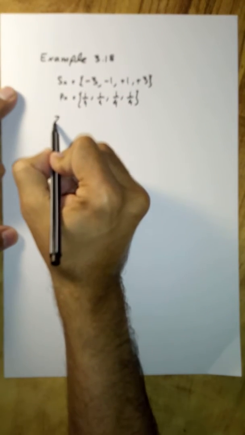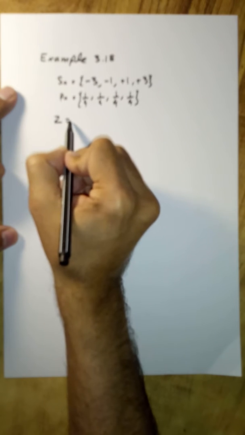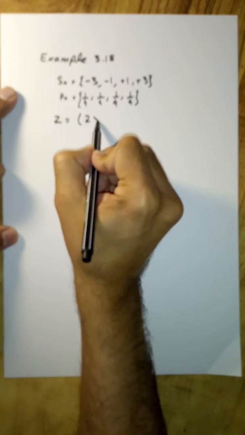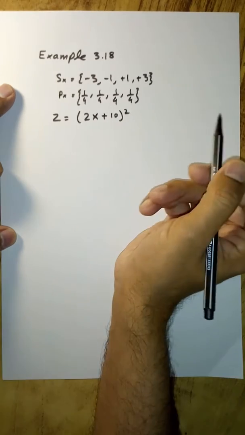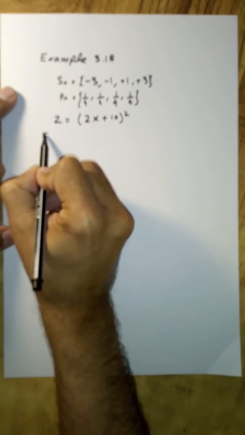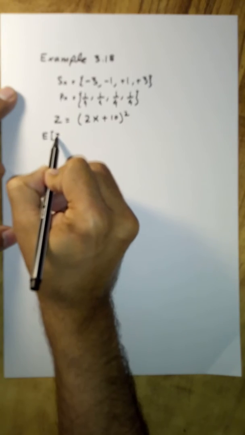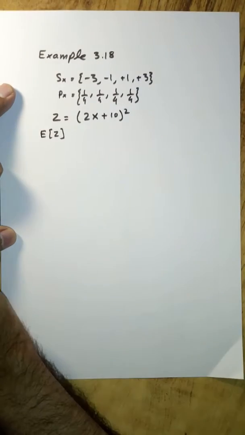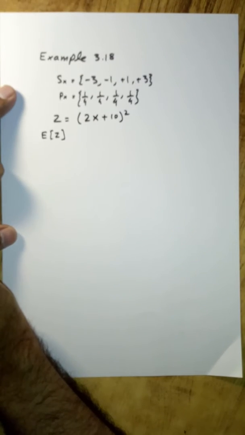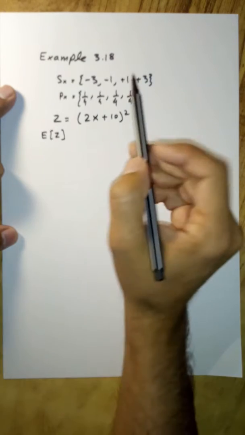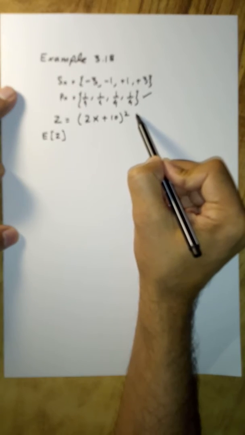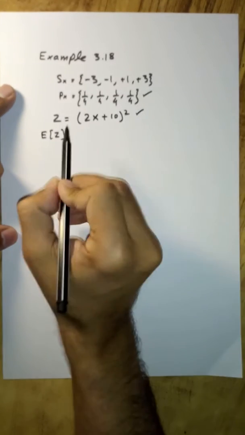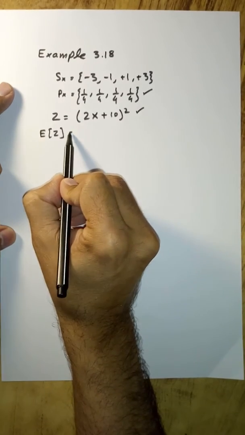And we are given a random variable z, which equals (2x plus 10) whole squared, and we are required to find the expected value of z. Now we're not given the probability mass function of z. However, from the probability mass function of x and using the relationship between x and z, we can find the expected value of z, right?